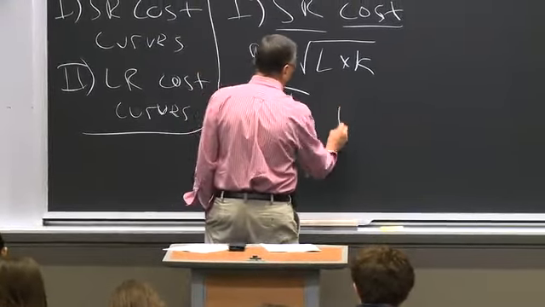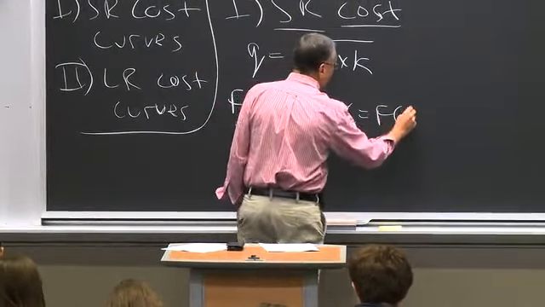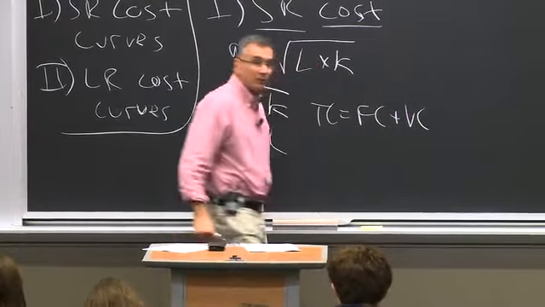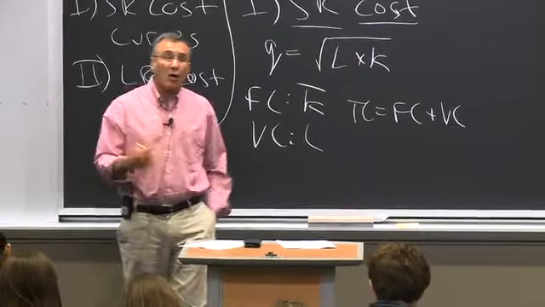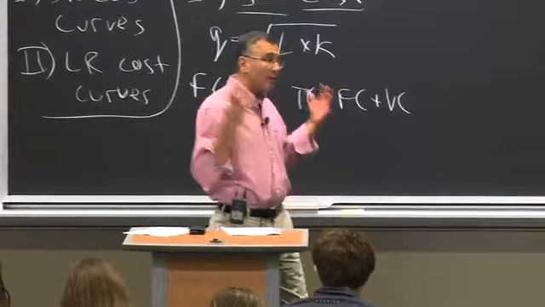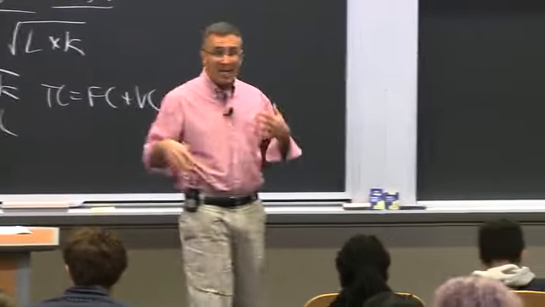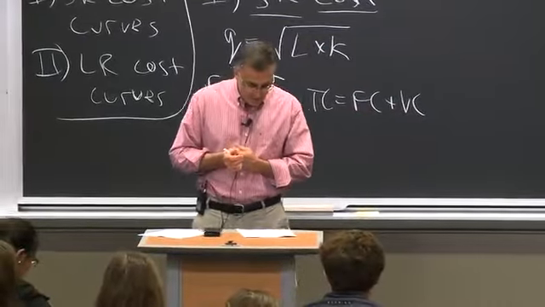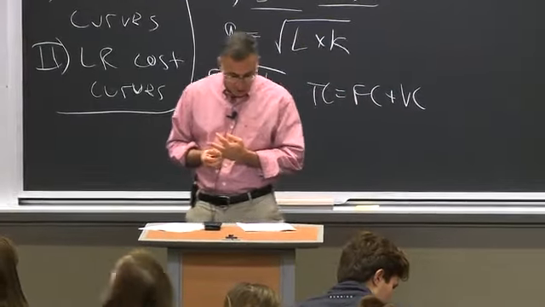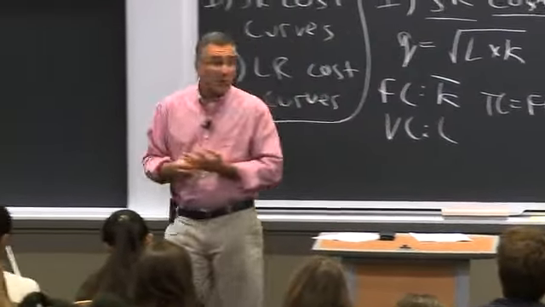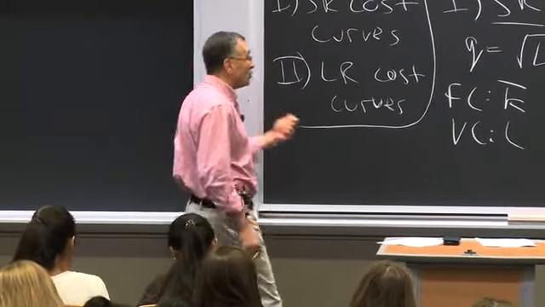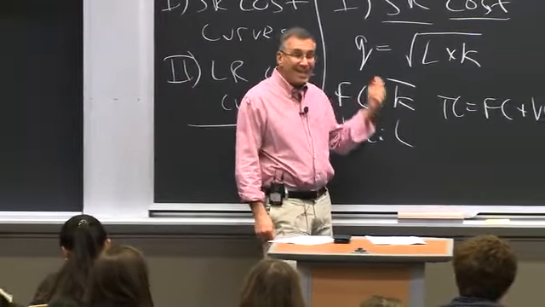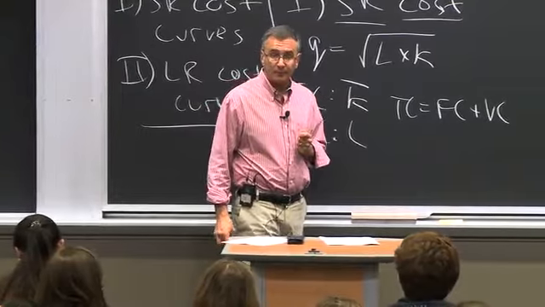Total costs are simply going to be fixed costs plus variable costs. So think of the cost of a firm's production in the short run as the sum of their fixed costs, i.e. their capital costs, and their variable costs, i.e. their labor costs.